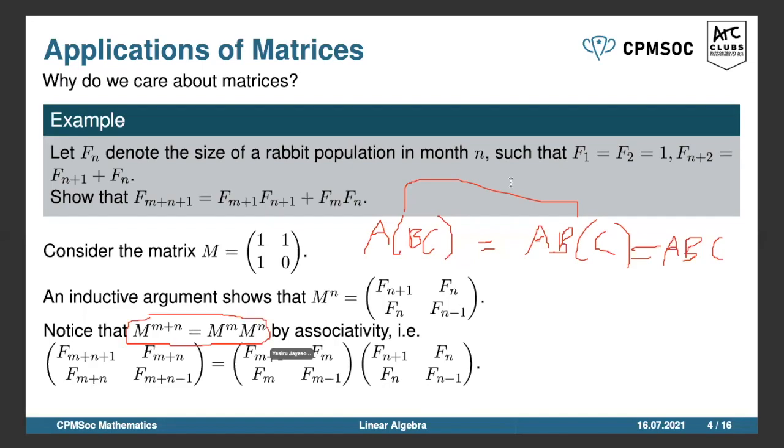So M to the power of m plus n is the same as multiplying M by itself, m plus n times. And we can also group the brackets like this: M times M dot dot dot m times, and M times M dot dot dot n times.